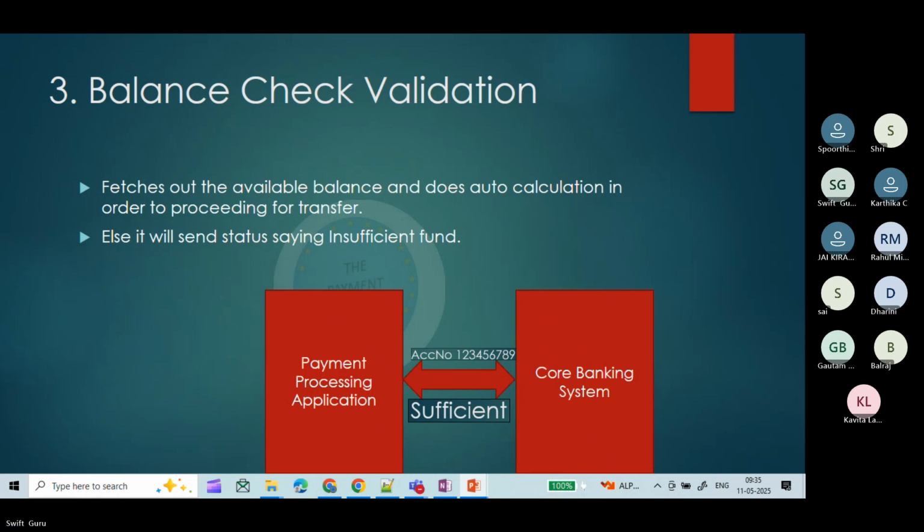Take a payment today: let's say you have 5,000 rupees in your account and you try to initiate one transaction from the same account of 6,000 rupees. While you are providing the amount and trying to submit, you'll get a pop-up message saying you do not have sufficient funds. So it is your bank's front-end application channel that is receiving the response from the downstream system, basically the payment processing engine.